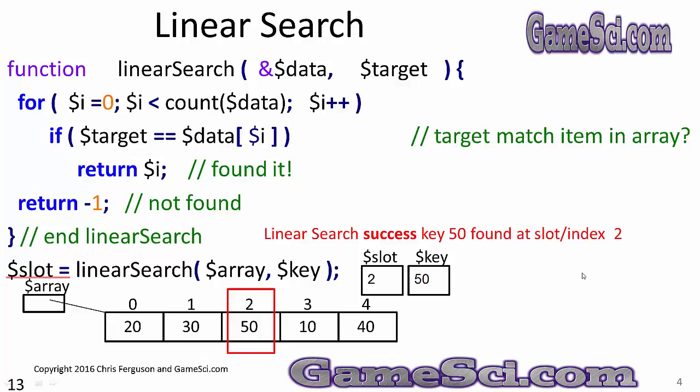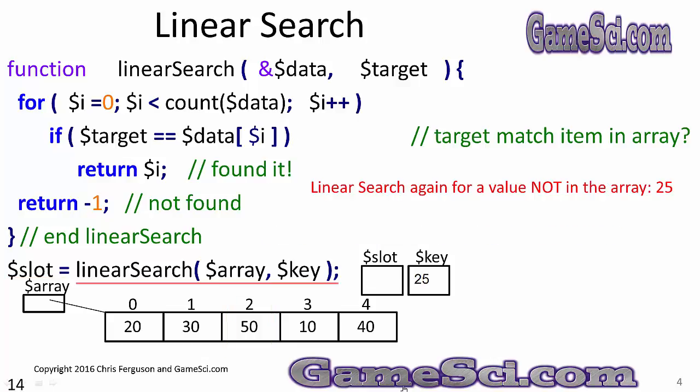Also notice that my local variables like target and $I went away. So did $data. All the local variables disappear after the function is done running. The global variables like slot and key stick around, but the local variables used in linear search disappear.